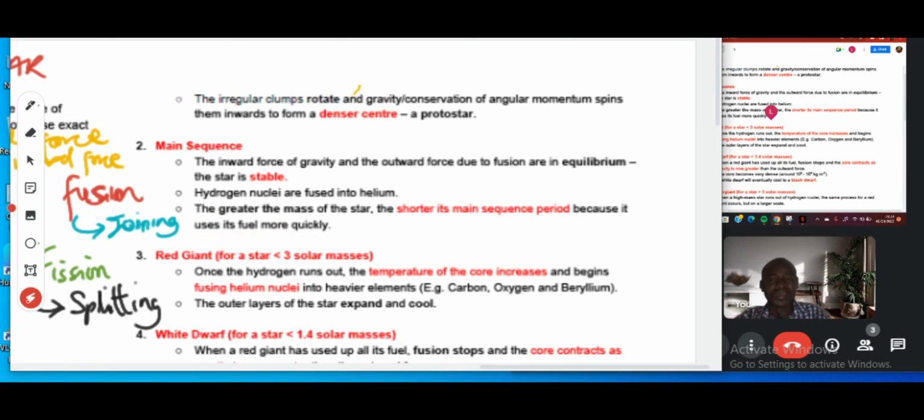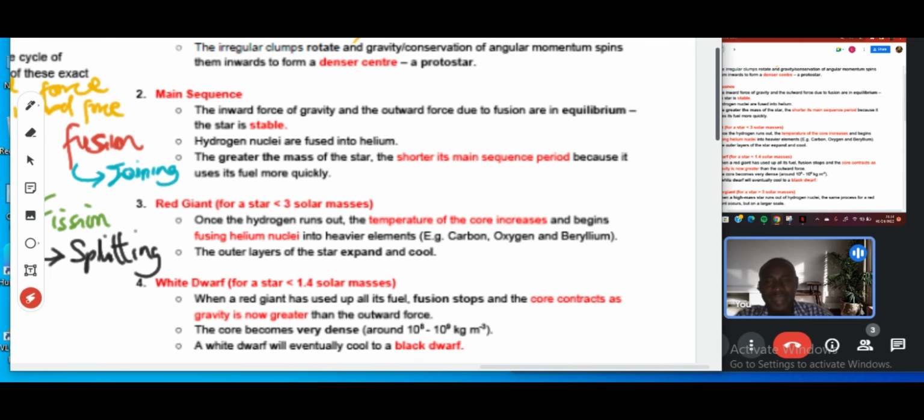For the main sequence star, you can see the inward force of gravity and the outward force due to fusion are in equilibrium, so the star is stable, and hydrogen nuclei are fused into helium, and so on.